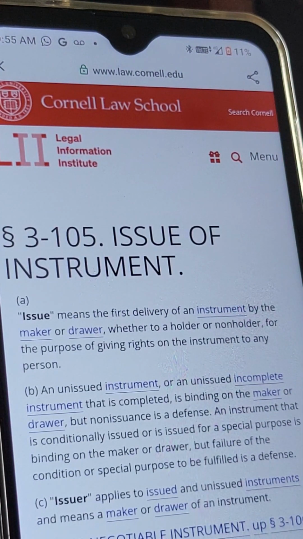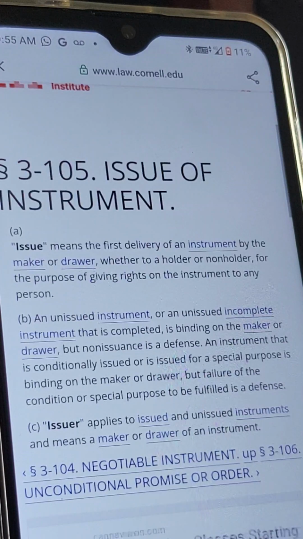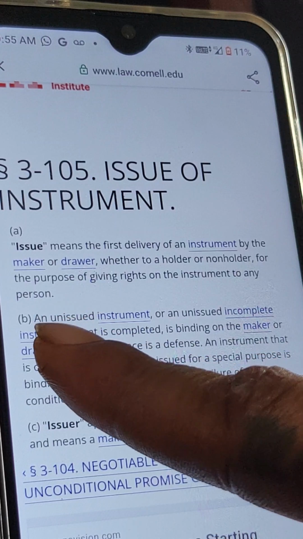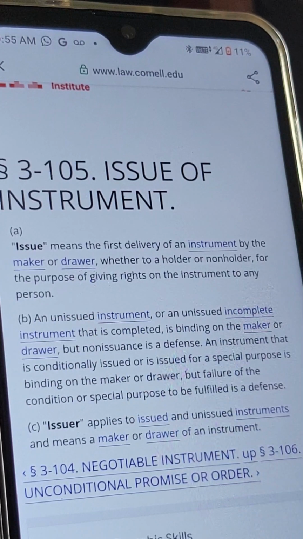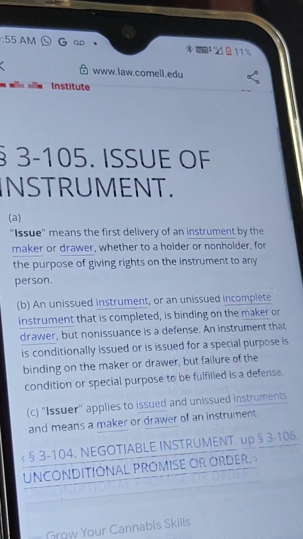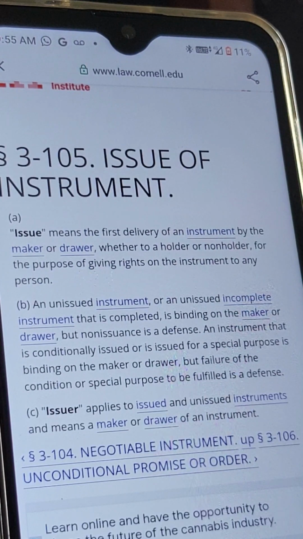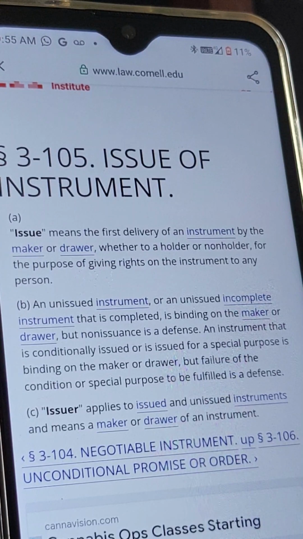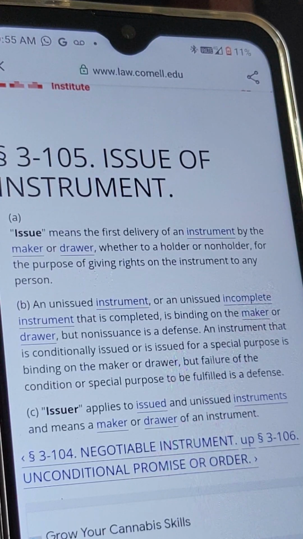Issue of instrument. So I think I was dissecting this. An unissued instrument or an unissued incomplete instrument that is completed is binding on the maker or drawer, but non-issuance is a defense.